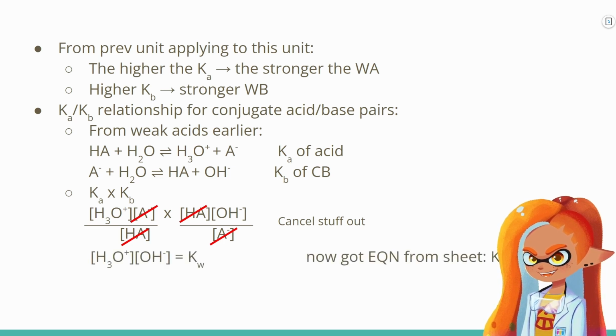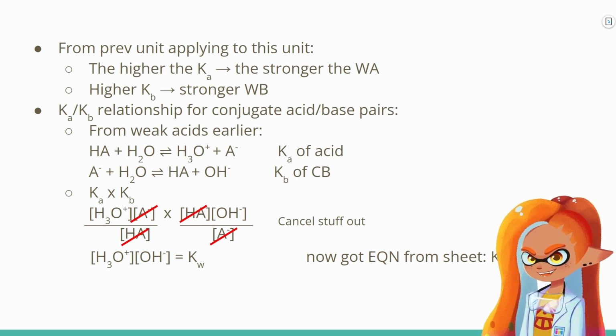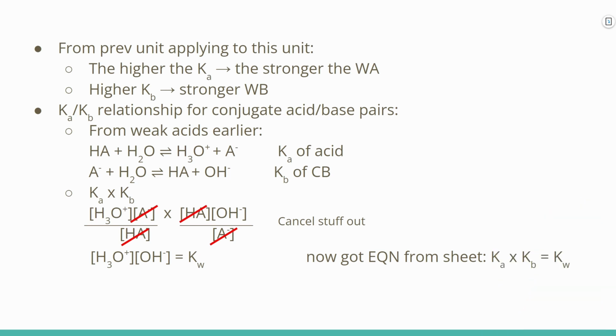And so I have my hydronium and my hydroxide, and then I multiply it together, and then I get that equation. And so on our constant equation sheet, you can now know that Ka times Kb is Kw. And so we can use the values and calculate whatever we need to calculate. So, cool. As a reminder, water isn't in Ka or Kb because it's a liquid.